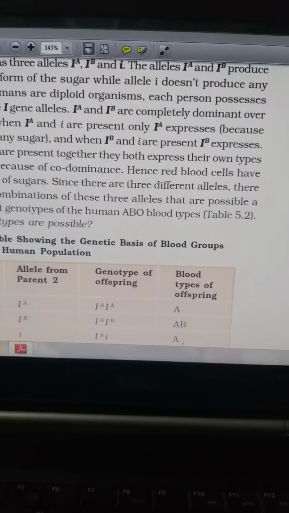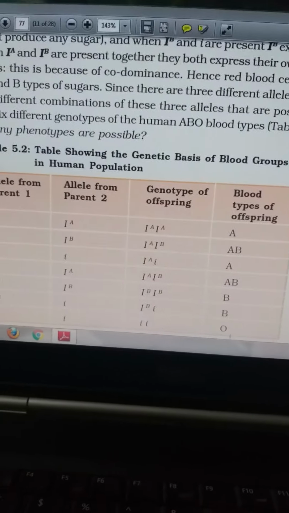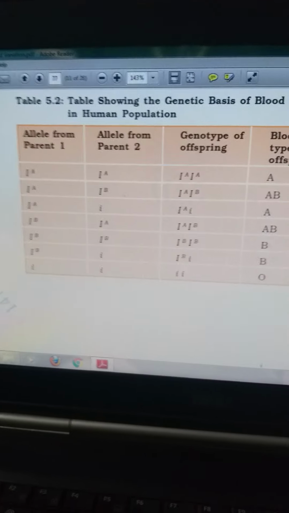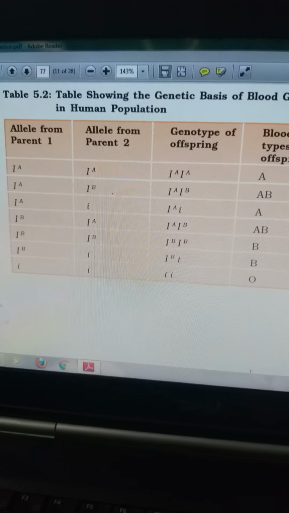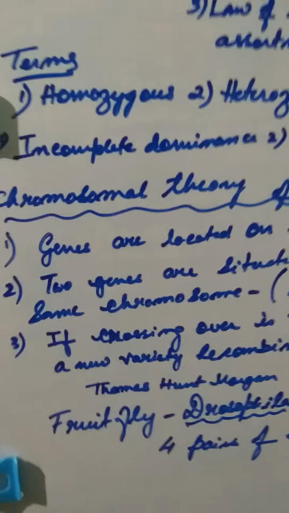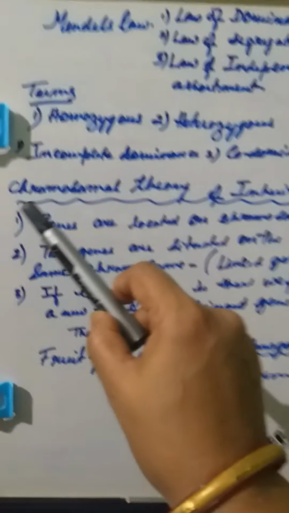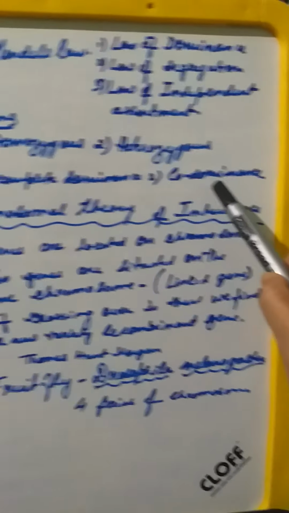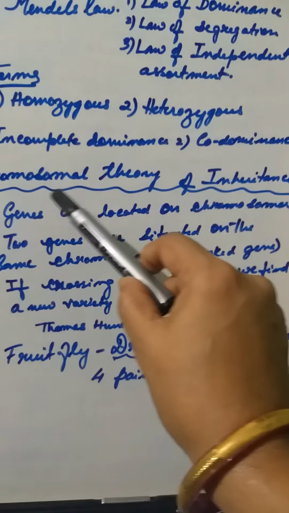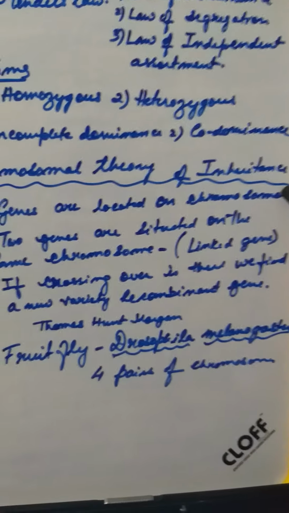Now this is the blood group type of the population; you have to go through it very carefully. After incomplete dominance and codominance, we come to the topic of the chromosomal theory of inheritance.